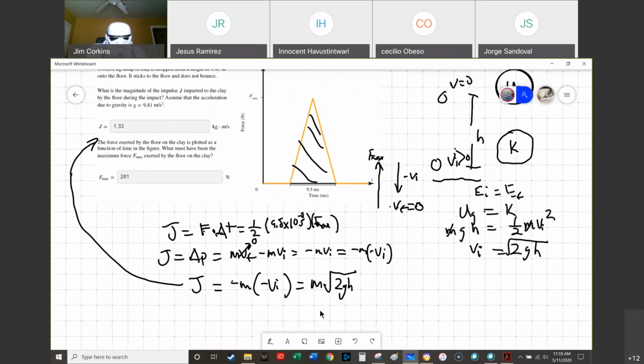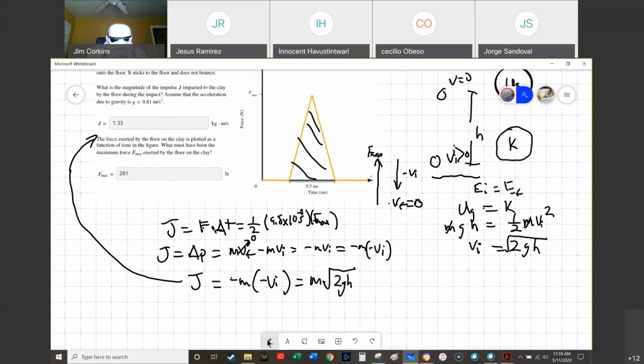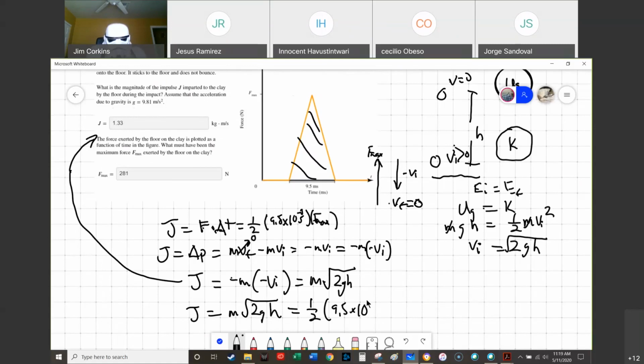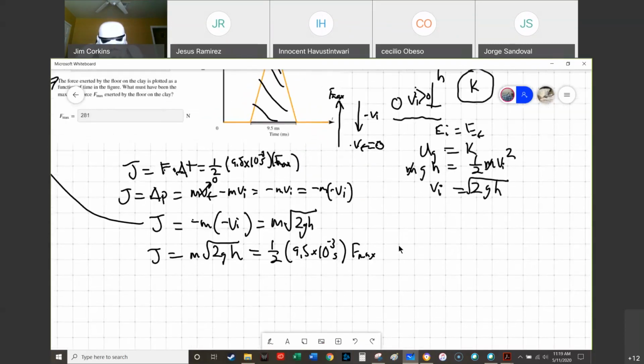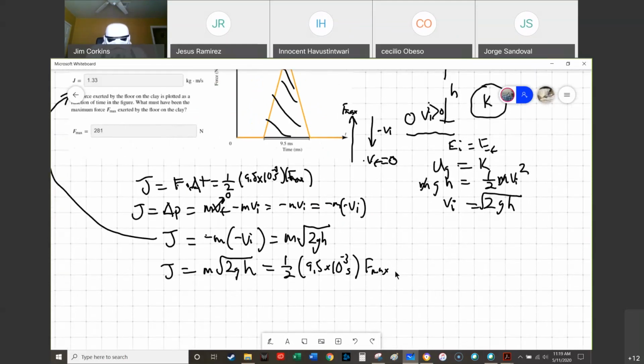Once we have that, to get the max force, we have earlier solved it for here. One half the base times the height. In order to solve this, solve for F max.